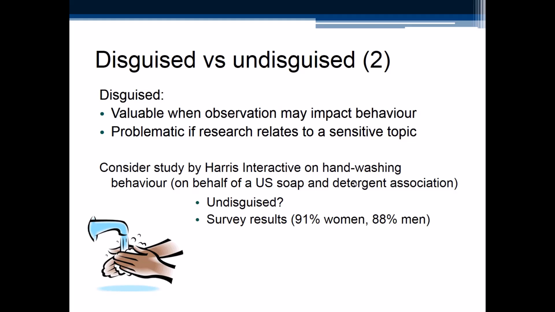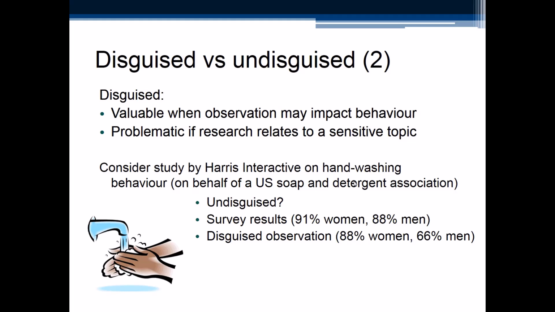You could think about social desirability playing into those sorts of numbers, where people wouldn't normally want to present themselves as, I guess, dirty or unhygienic, and therefore might overestimate the rate at which they wash their hands. When they run disguised research, however, what they find is that 88% of women actually can be shown to wash their hands, so around the same number, but only 66% of men, so it falls by about a quarter.